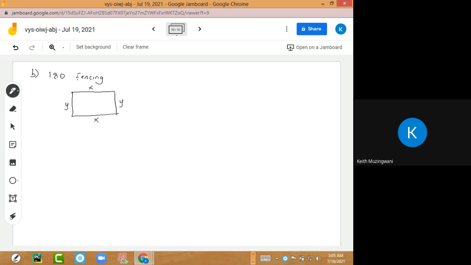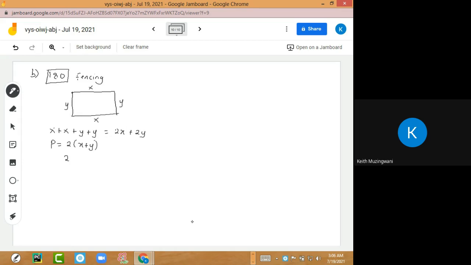Now you understand that the fencing is 180. So 180 is the perimeter. And the perimeter of a rectangle is by adding, which is the same as 2x plus 2y. So this is a perimeter, 2 times x plus y.